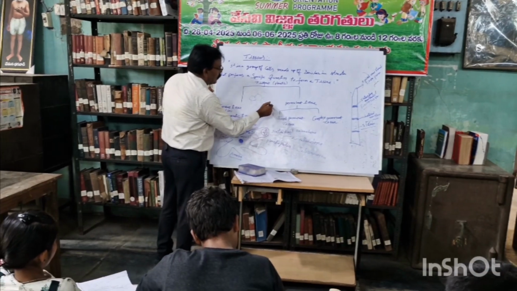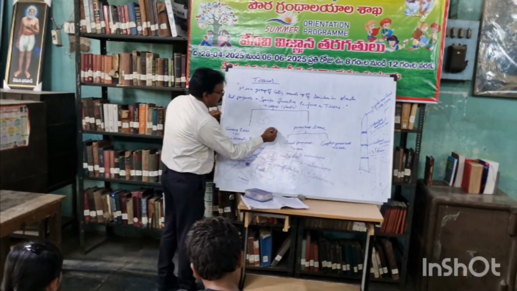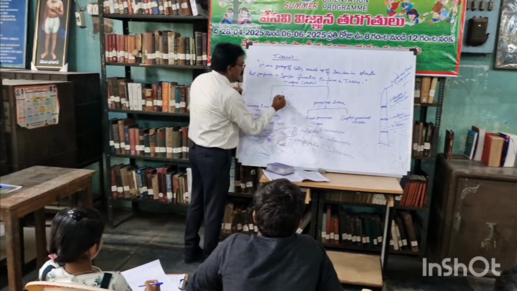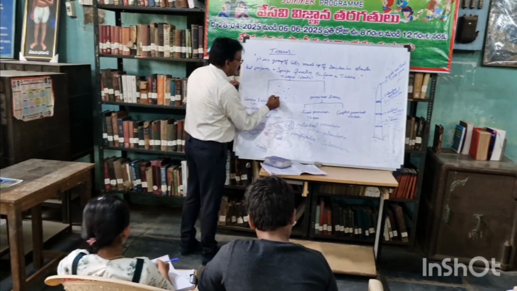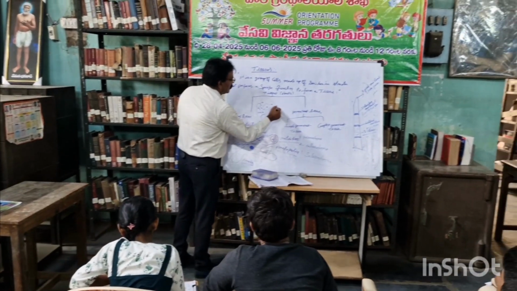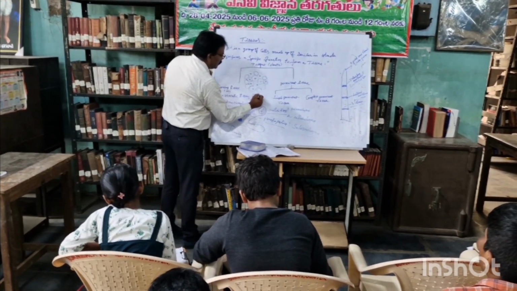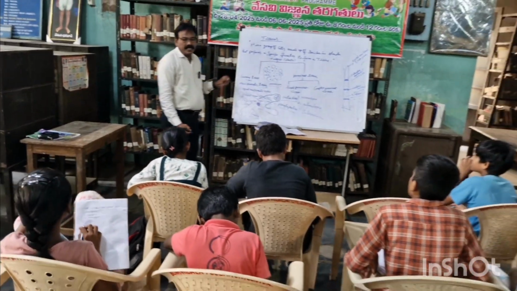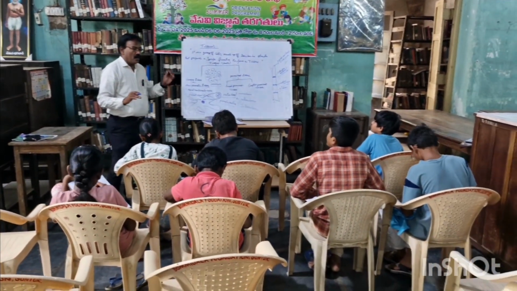Loosely packed cells. This is called parenchyma, simple permanent tissue. Where is it located? Inside the epidermis. How many cells?